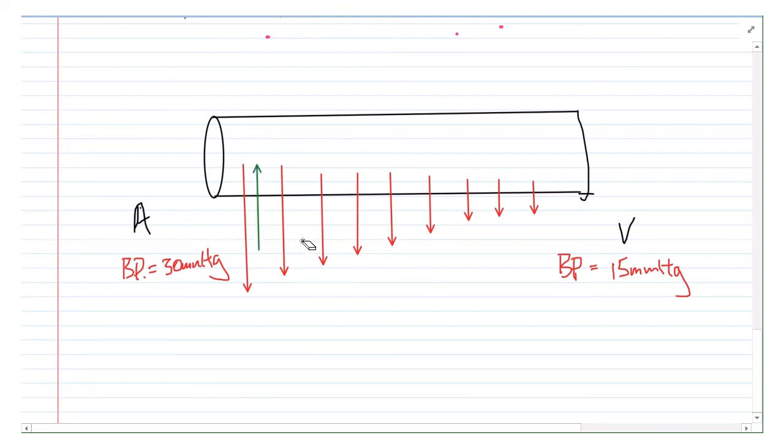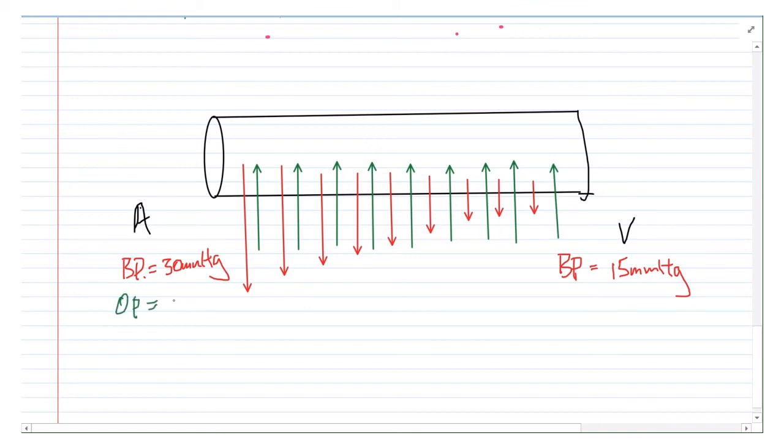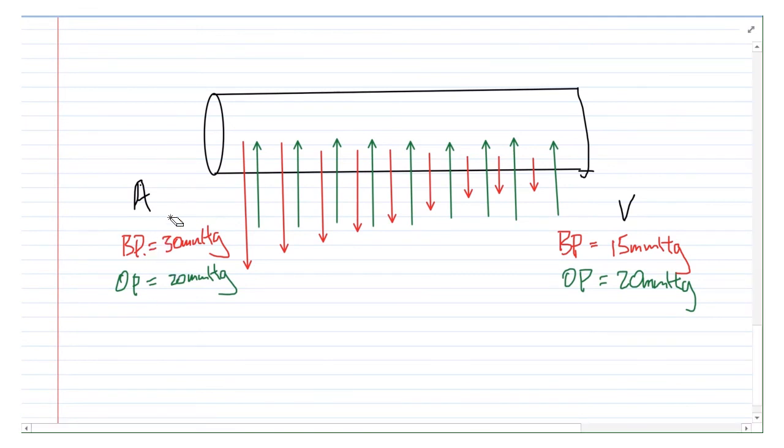Remember, even though blood pressure drops from the arterial side to the venous side, the osmotic pressure is going to remain unchanged. So the size of the arrows is going to be the same. I'm going to give it a number to help you understand the situation. The osmotic pressure is going to be about 20 mmHg, and over here on the venous side, the osmotic pressure is also going to be 20 mmHg. Remember, it remains constant.